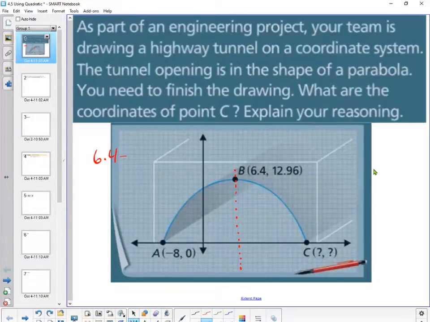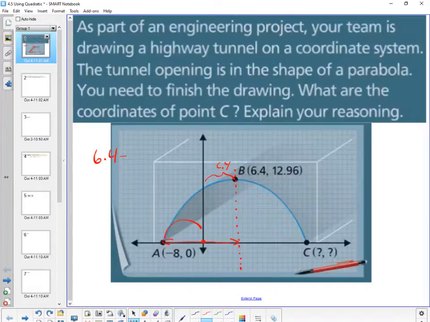So what I heard you say is you know that this distance is 6.4, correct? From there to 0? I also need this distance there, don't I? And distance is always positive. So that means that from here to there is 8 units, and from here to there is 6.4 units. You add them together and you get the other one, and then the other one would be 14.4.